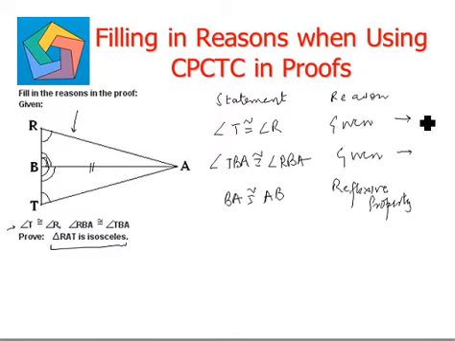So we have angle, angle, and one side. So this proves that triangle TBA is congruent to triangle RBA with the AAS postulate.